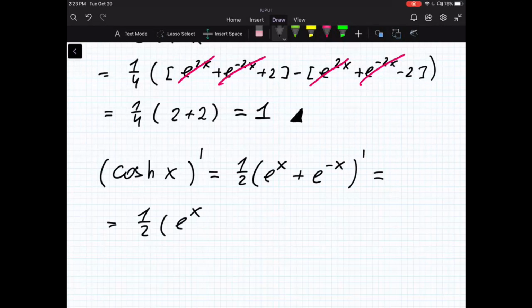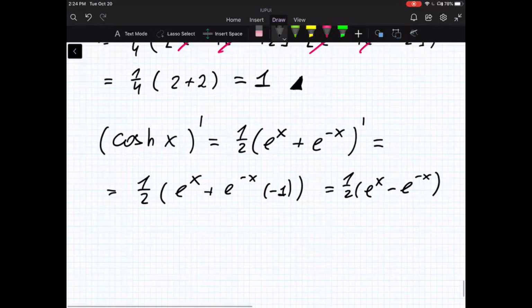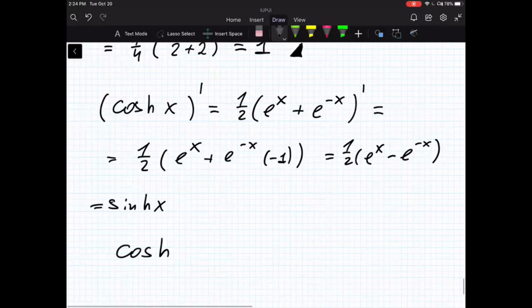Just exponential of x is what we discussed, while derivative of exponential of minus x gives me the same exponential of minus x times derivative of minus x, which is minus 1. And so it's 1/2 exponential of x minus exponential of minus x, and we see that it is hyperbolic sine of x. So derivative of hyperbolic cosine is equal to hyperbolic sine of x.